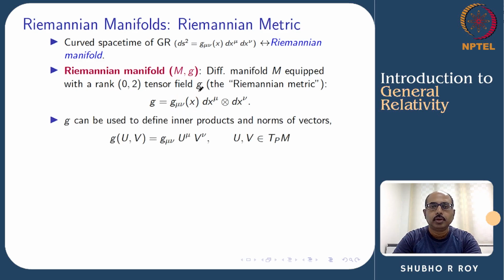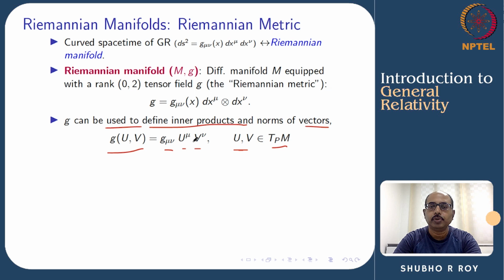Now, because we have specified a (0,2) rank tensor field, it can be used to define inner products of vectors. Consider u and v, two vectors, that is, elements of the tangent space. Then I can define an inner product of u and v, given by the notation g of u comma v, which is equal to the product of the components with the indices contracted.